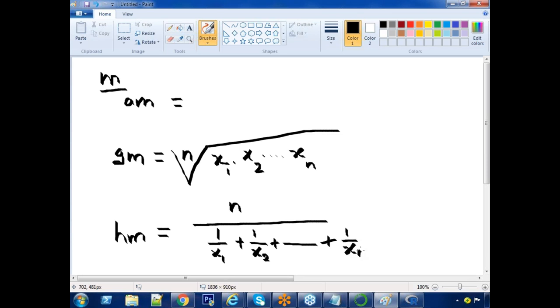This is the harmonic mean: number of elements divided by the sum of all reciprocals, that means all inversions.